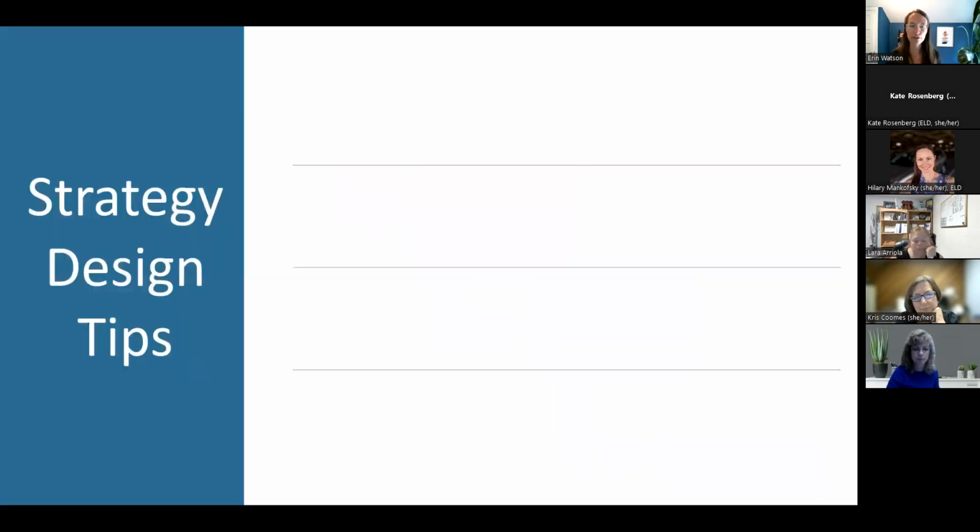All right, so here are the 4 strategy design tips. And again, these are from a lot of theory and research and the literature on systems change, community change, collaborative operating kind of change. And so here's what they are.